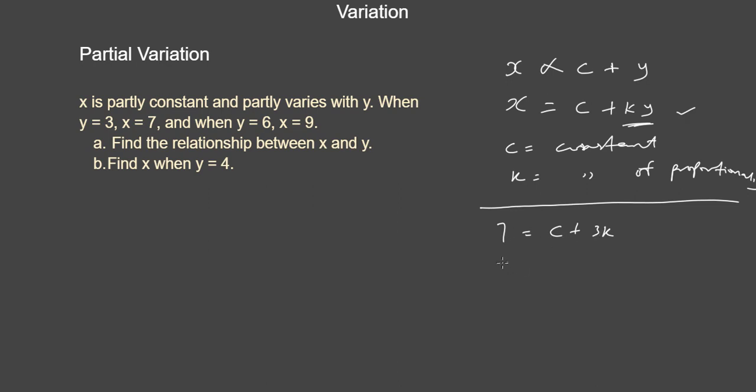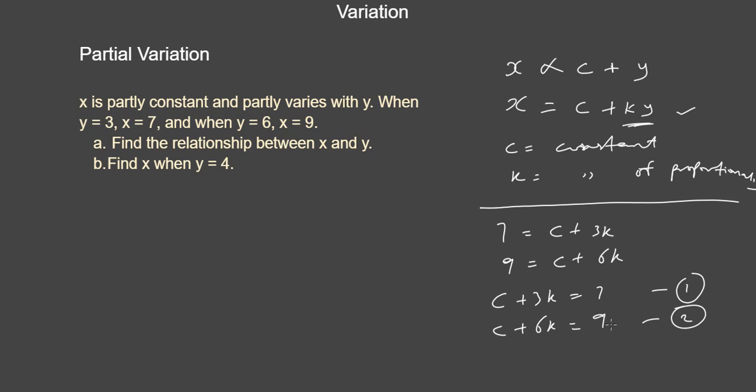The other information we know is that when x is 9, y is 6, so that's 6k. You can rearrange this, so that becomes c plus 3k equals 7. You can take this as equation 1. Then c plus 6k equals 9. You can take this as equation 2.